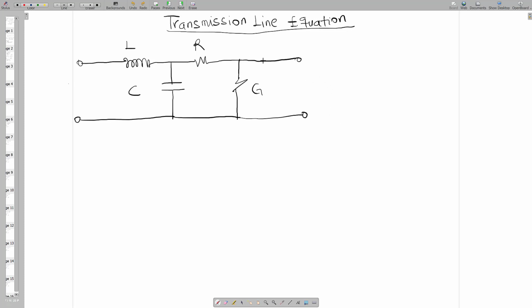Right, so in my first video I said that if I apply a certain voltage V over here and there's a current I over here, and we take a very small section of L, R, and the rest of the primary constants, the current at the output should be I plus delta I, and the voltage at the output should also be V plus a certain delta V, in the sense that if I apply 10 volts at the input, the voltage at the output should be less than 10.